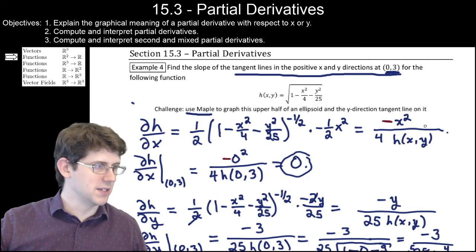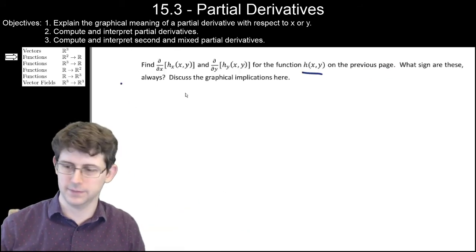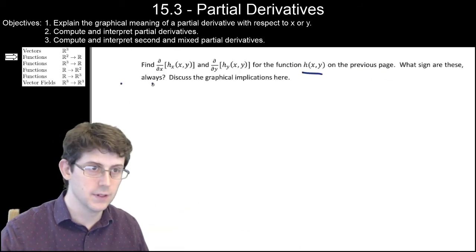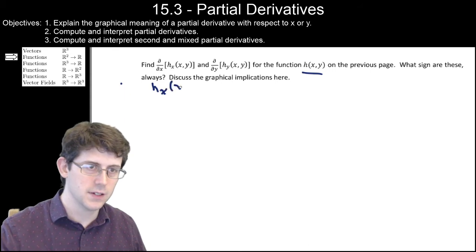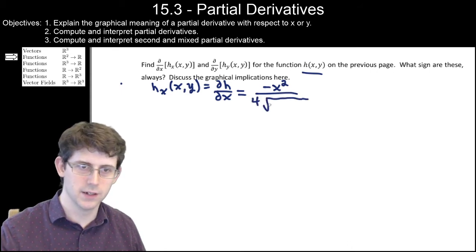So the x partial derivative was minus x squared over all this stuff. Let's try to get that in here. So h_x means the x partial derivative. It was minus x squared over 4 square root of 1 minus whatever this thing was.